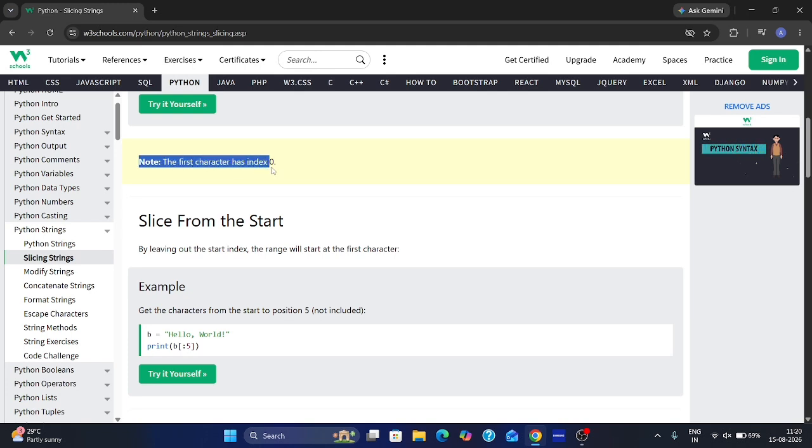Be sure you are making notes from this lecture, so you can easily know what the important topics are and which is the most important point. Like here, a note is given.